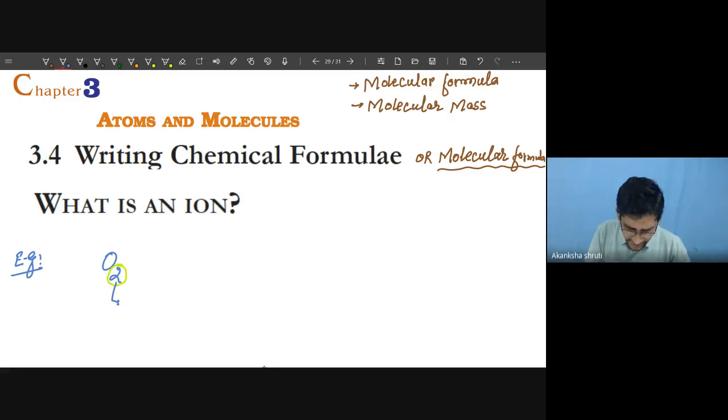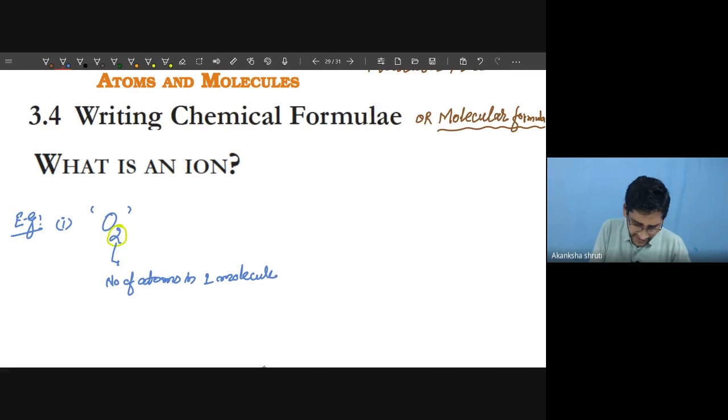So the suffix written after the symbol gives the number of atoms in one molecule. So here O2 represents one molecule of oxygen.